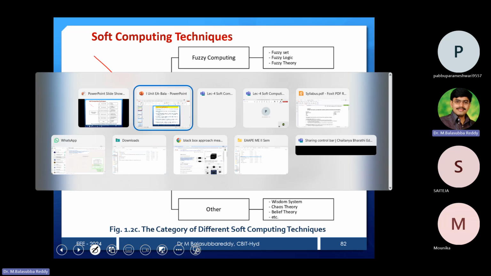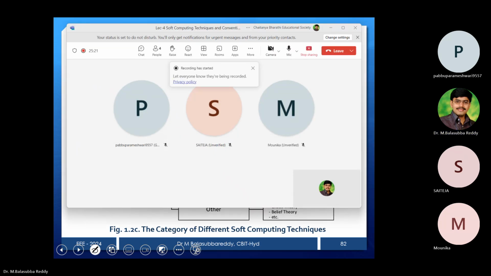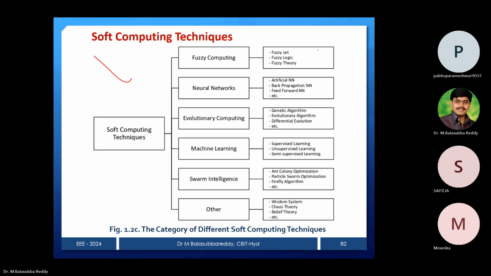What we can observe in the soft computing technique, just a minute. Yeah. So fuzzy computing again divides into fuzzy set, fuzzy logic, or fuzzy theory, and there is fuzzification, defuzzification, like that.